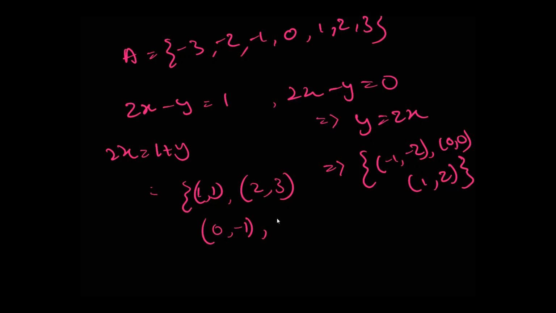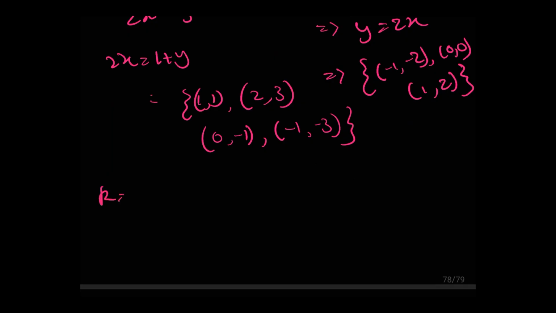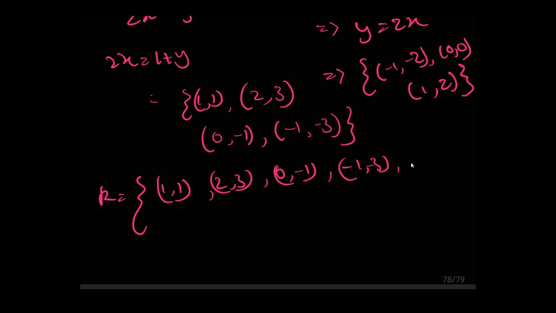If y is -3, x will be -1. Therefore, relation R is (1, 1), (2, 3), (0, -1), (-1, -3), (-1, -2), (0, 0) and (1, 2).